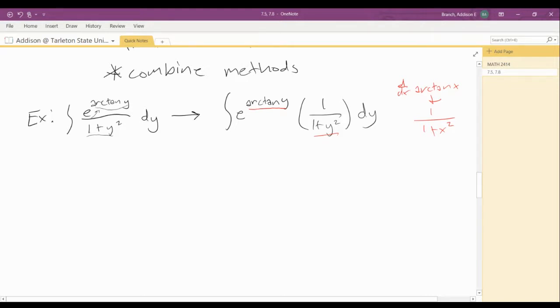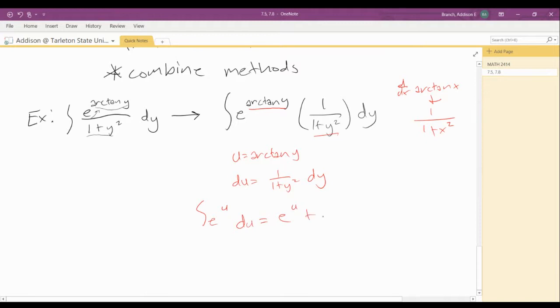That's going to be a u sub. So therefore, we can let u be arctangent of y. du is 1 over 1 plus y squared dy. Therefore, we are now at e to the u du.